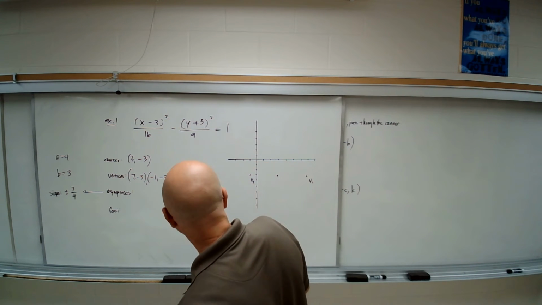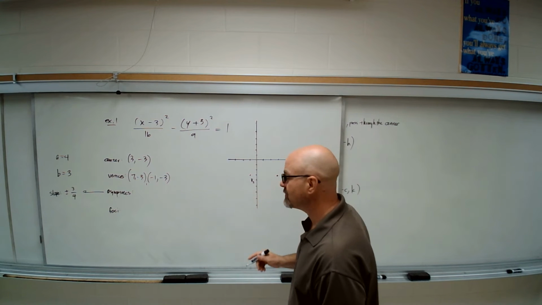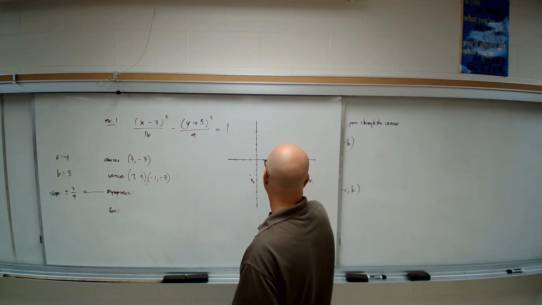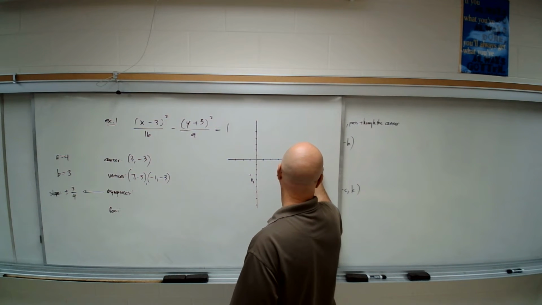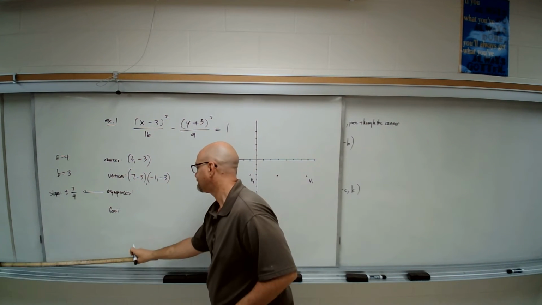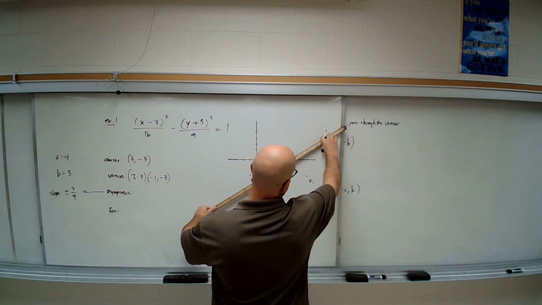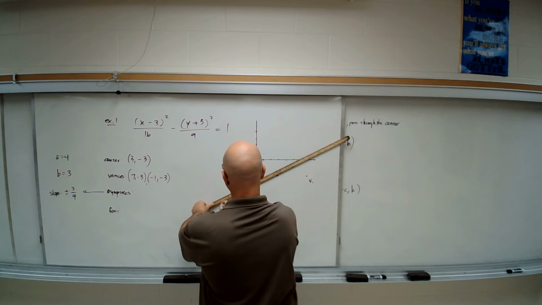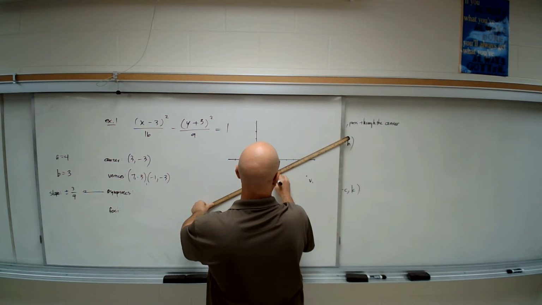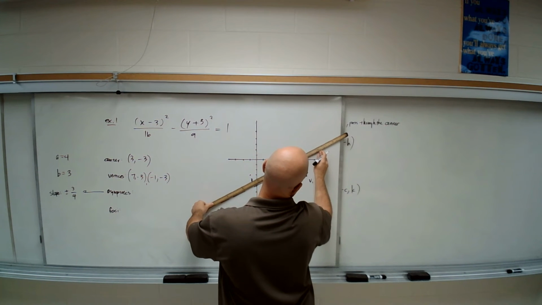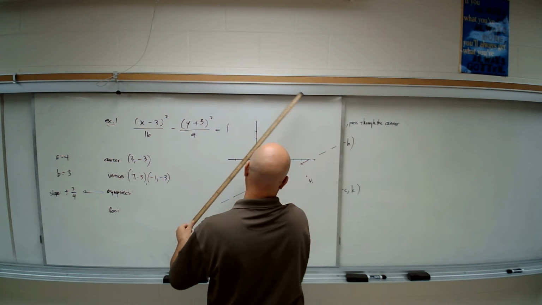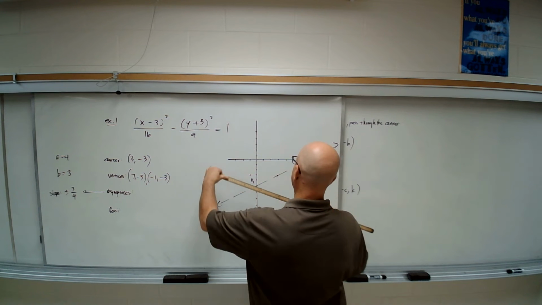To graph those, you just start from the center and use the slope to find another point. So if it's 3/4, we would go up 3 over 4. So one of our asymptotes would look like this. Okay, there's that.